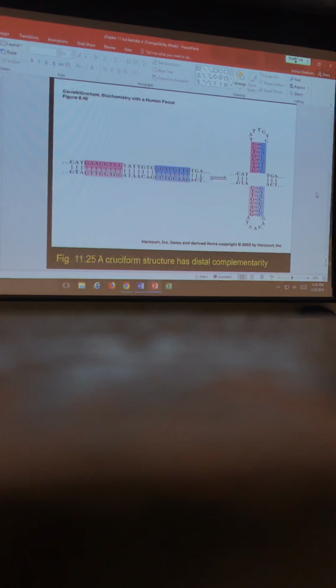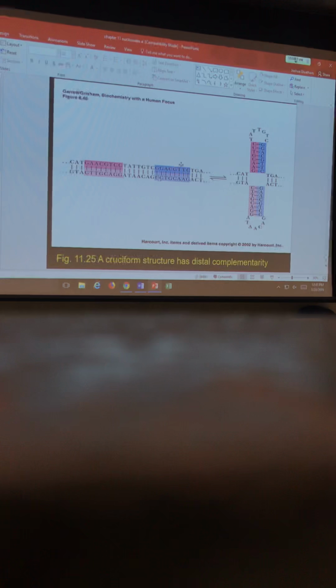All right. The next thing in chapter 11 they wanted to address is a special type of structure that DNA can sometimes form, and that is called a cruciform. A cruciform is a special DNA structure that creates this plus shape here. Basically, what ended up happening is a bit of a mistake.